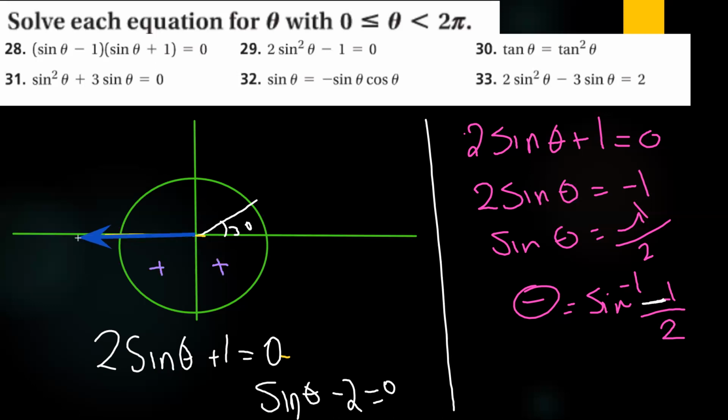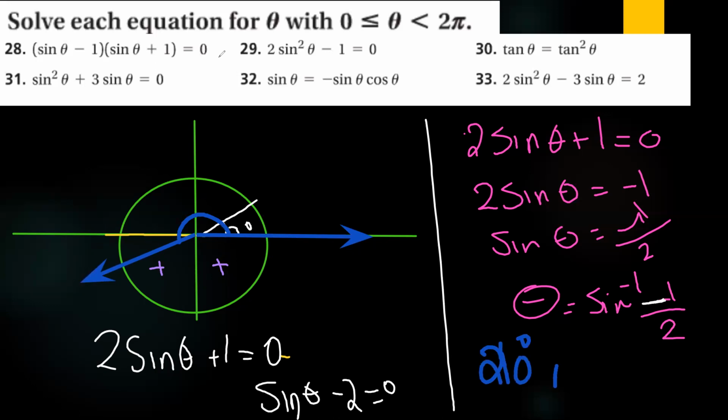This time, I want to rotate 30 degrees in order to find the first angle. So the first angle, if I measure it from the initial side, will be 180 plus 30, which is 210.